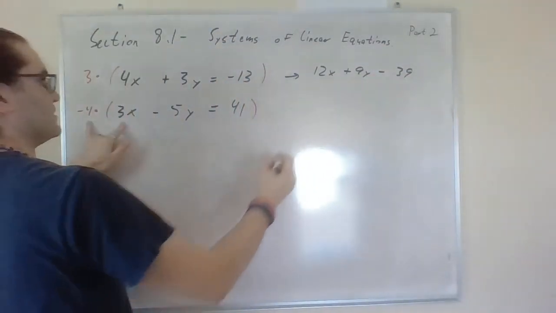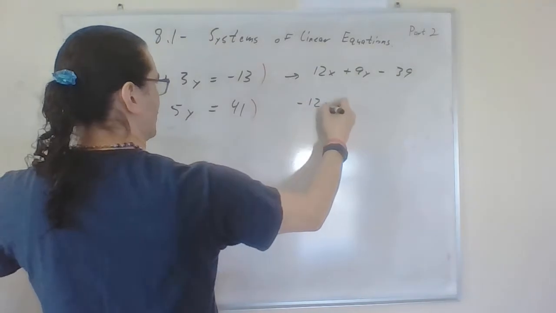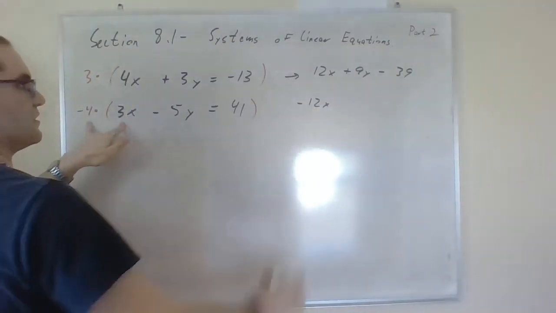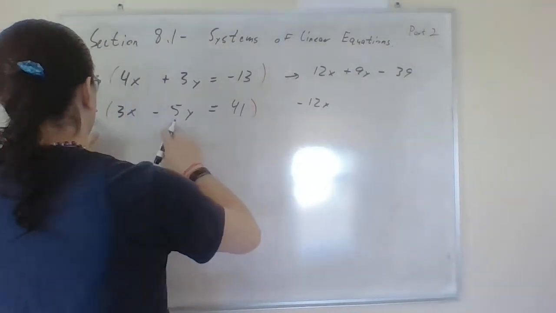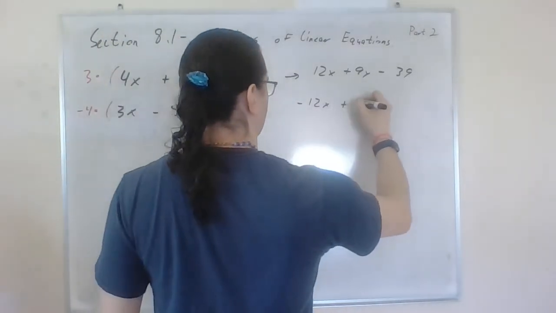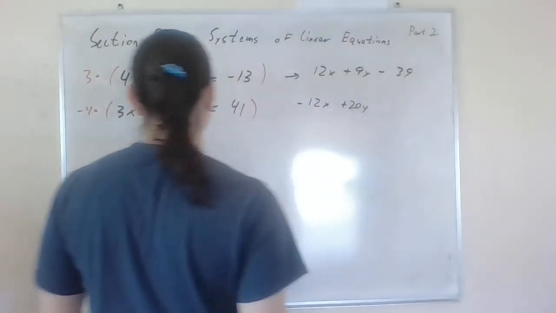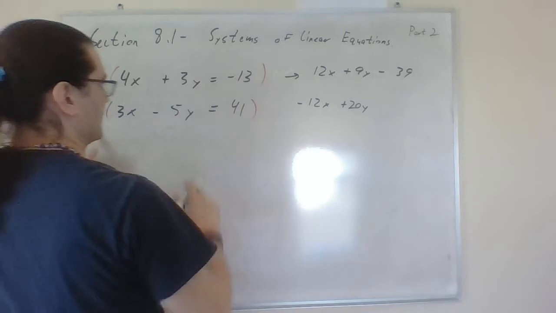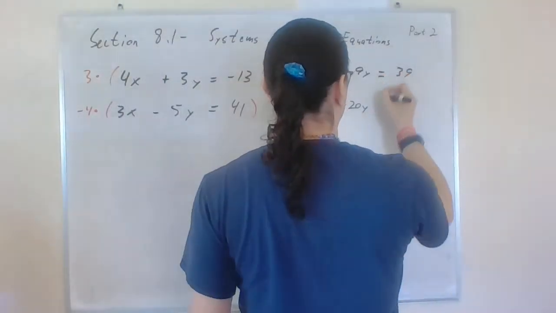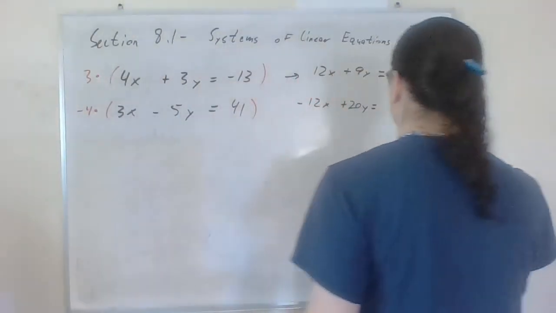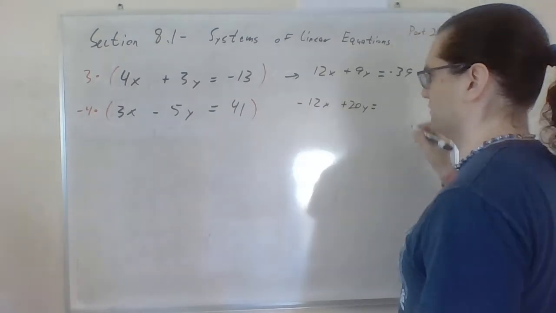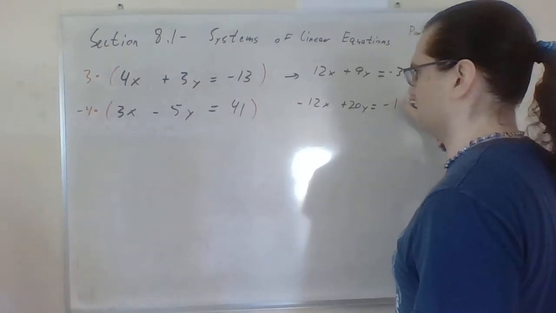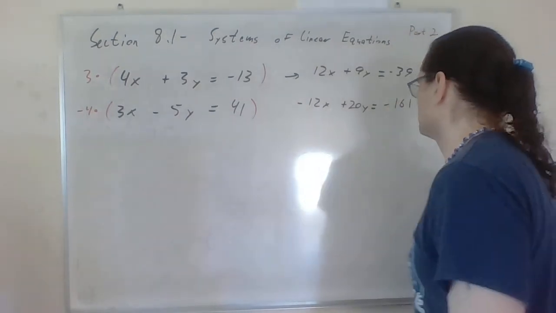The bottom equation is going to become -12x. There's that elimination piece going on, the 12, the -12. -4 and -5 is going to give me plus 20y. -4 and 41 is going to give me -164.